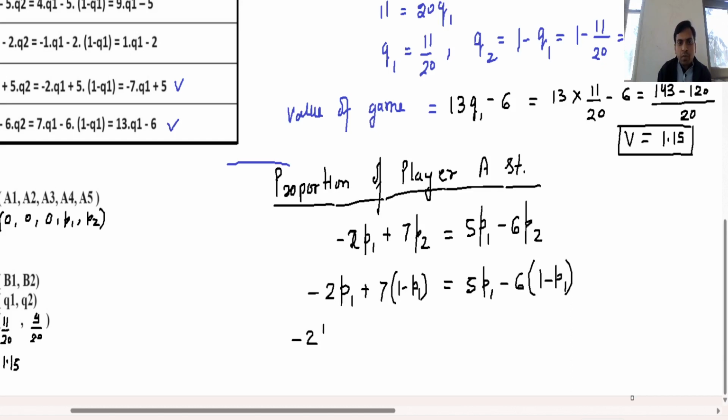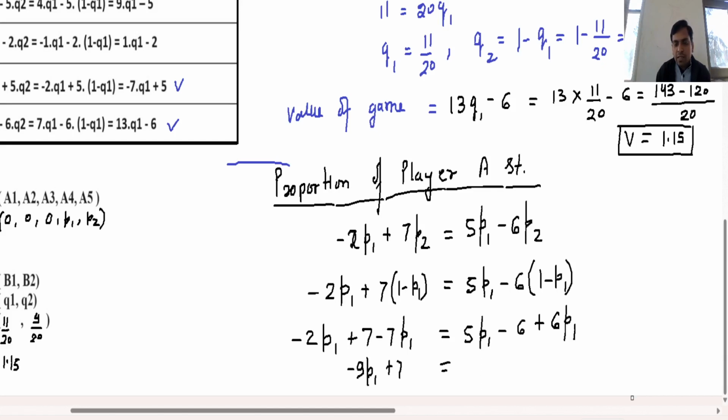So this is -2 P1 plus 7 minus 7 P1, and this equals 5 P1 minus 6 plus 6 P1. In the result, -2 P1 and -7 P1 give -9 P1 plus 7, and on this side 5 P1 and 6 P1 give 11 P1 minus 6.